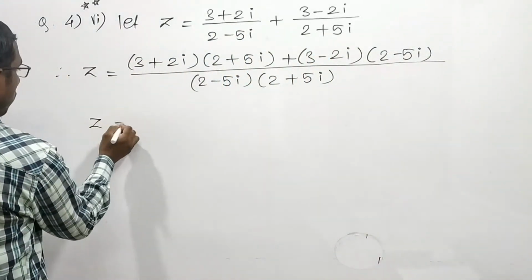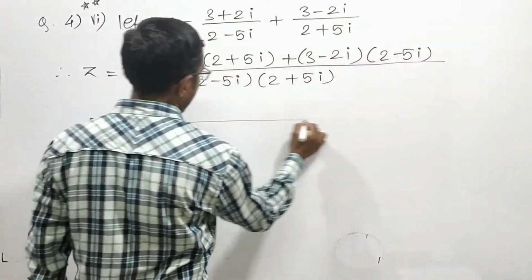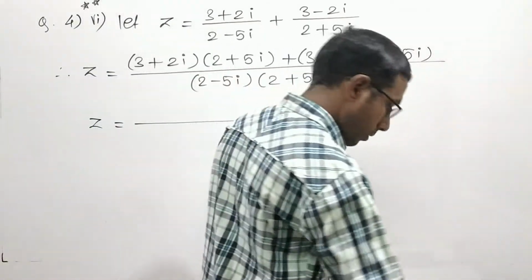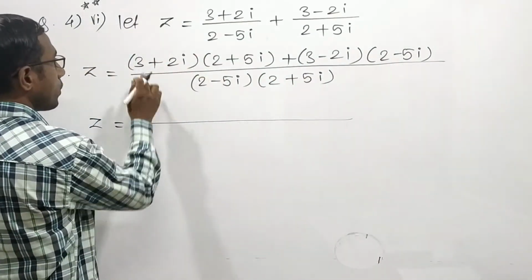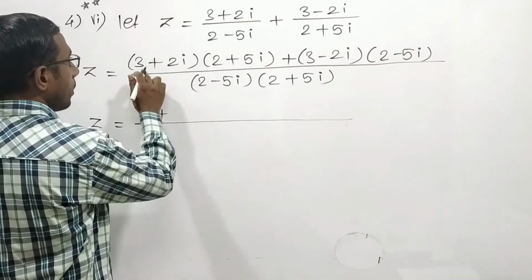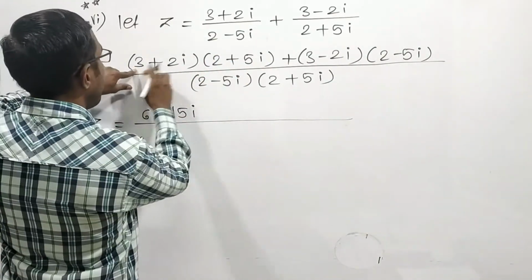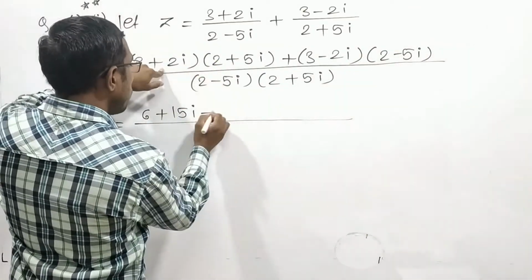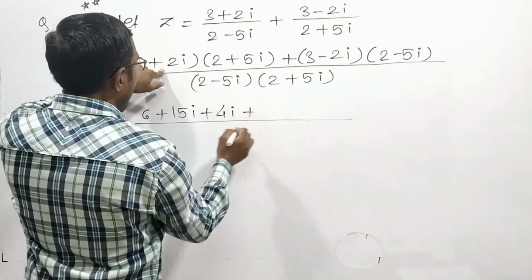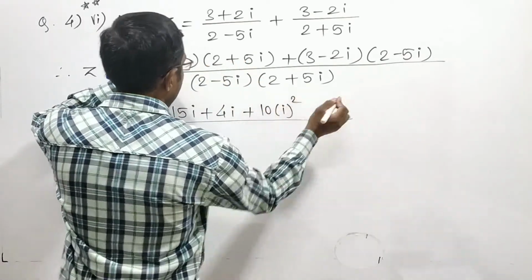So z is equal to: 3 2s are 6, plus 3 5s are 15i, then 2 2s are 4i, plus 5 2s are 10i square.